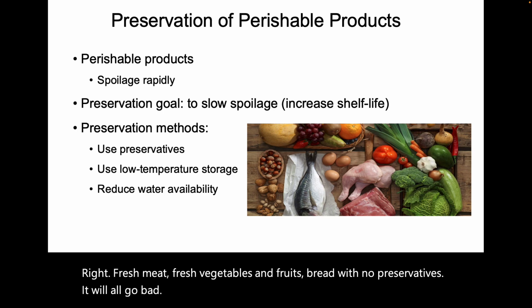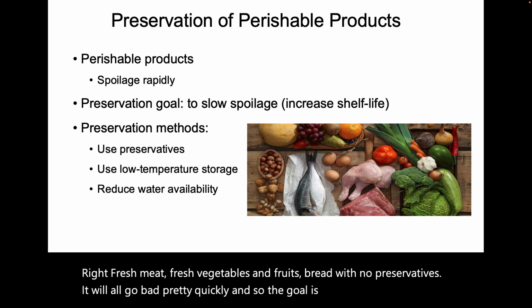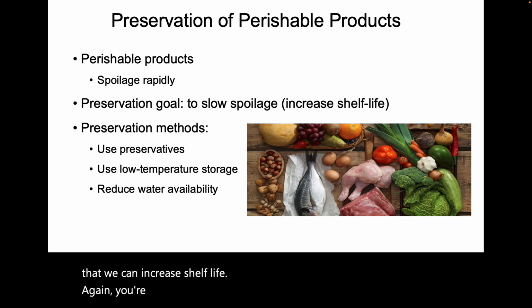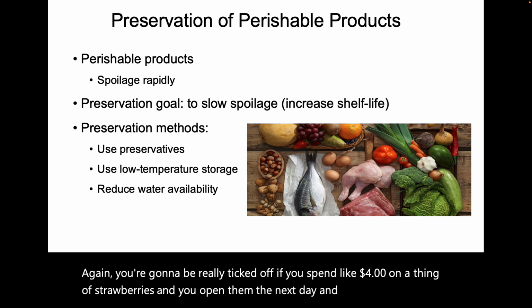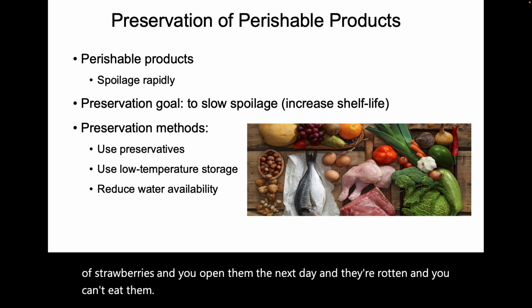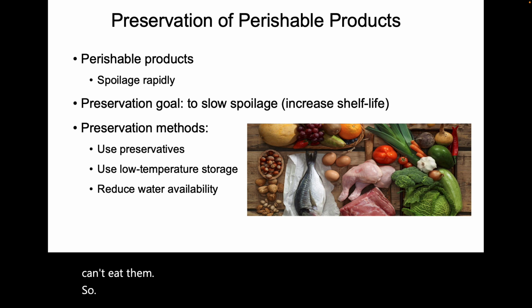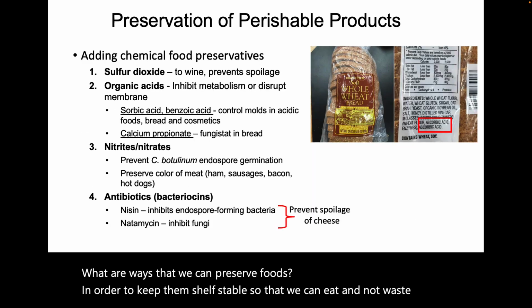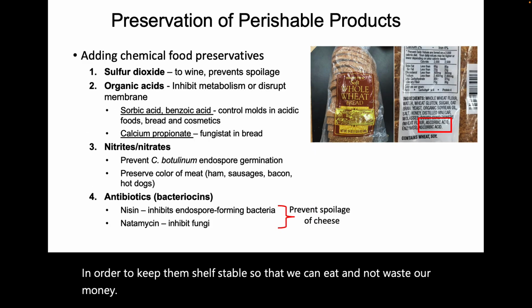And so the goal is to prevent spoilage so that we can increase shelf life. Again, you're going to be really ticked off if you spend $4 on a thing of strawberries and you open them the next day and they're rotten and you can't eat them. So, what are ways that we can preserve foods in order to keep them shelf stable so that we can eat and not waste our money? Well, we can add chemical preservatives.